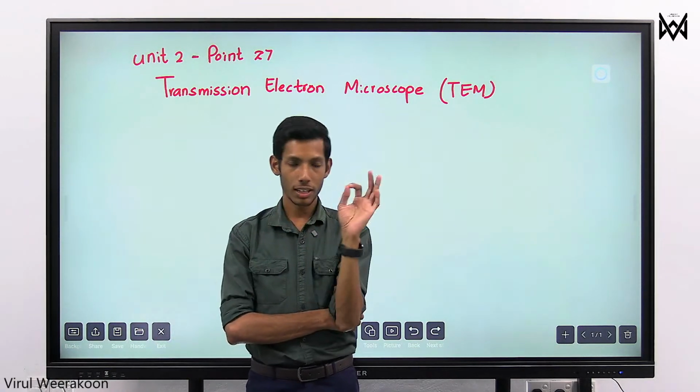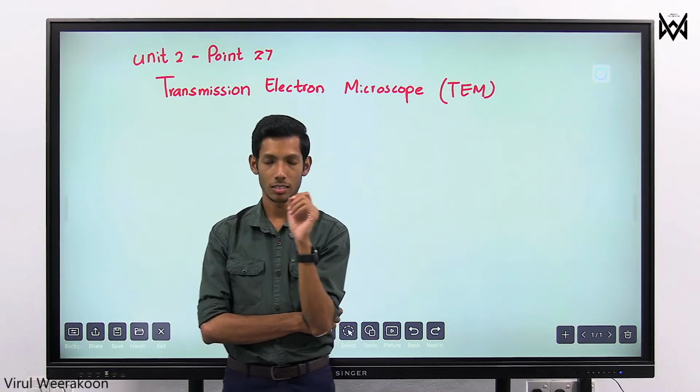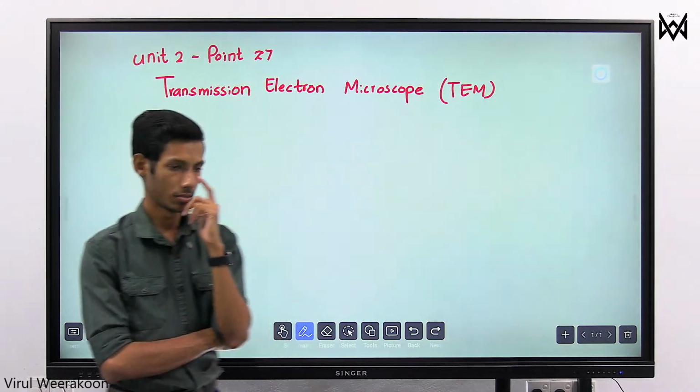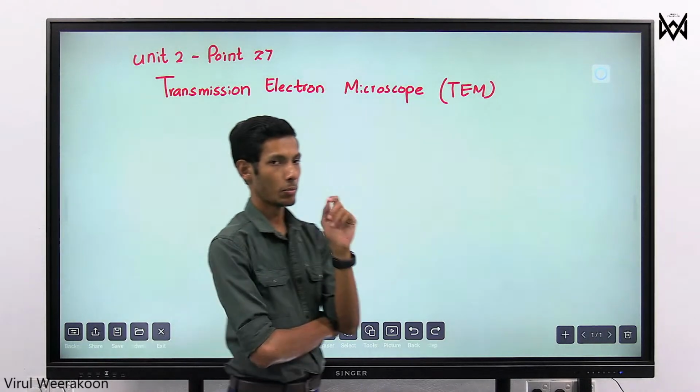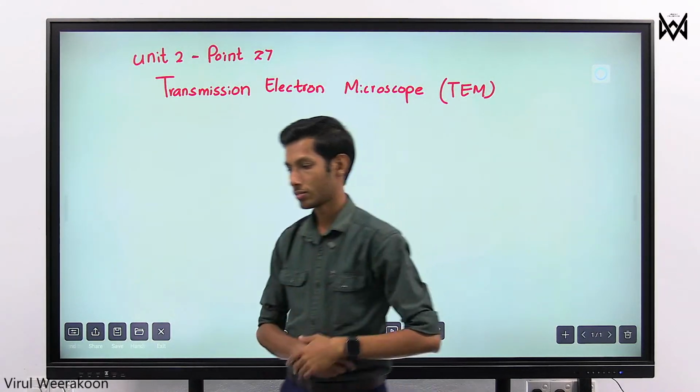Then underline beam of electrons there. Beam of electrons, right?